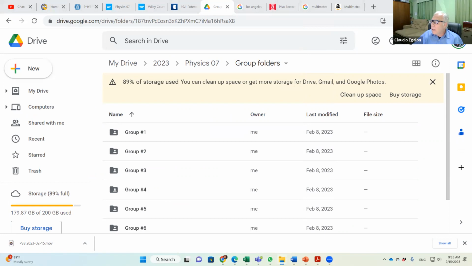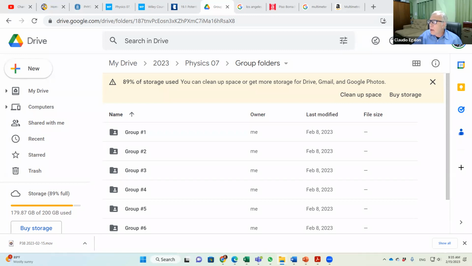Okay, group 1. Let's see. I have to make a little change here before I upload it for you. The spreadsheet is named P07, L01, and G, your group number.